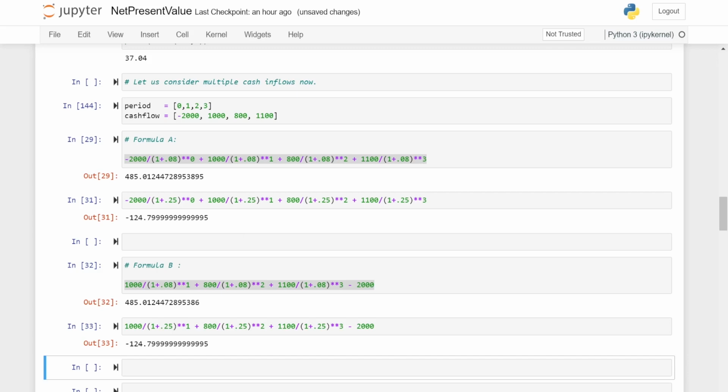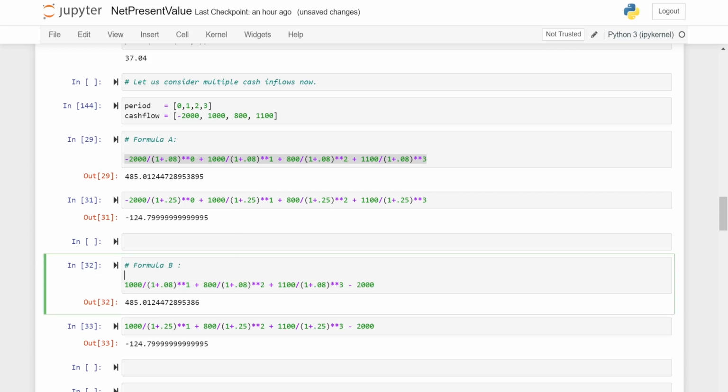But look, we cannot write something like this. This will lead to errors and typos. What if we have many cash inflows? We may have 100 cash inflows.